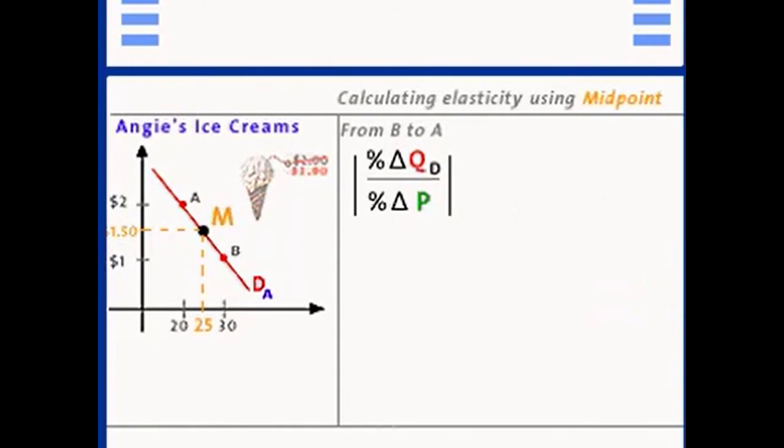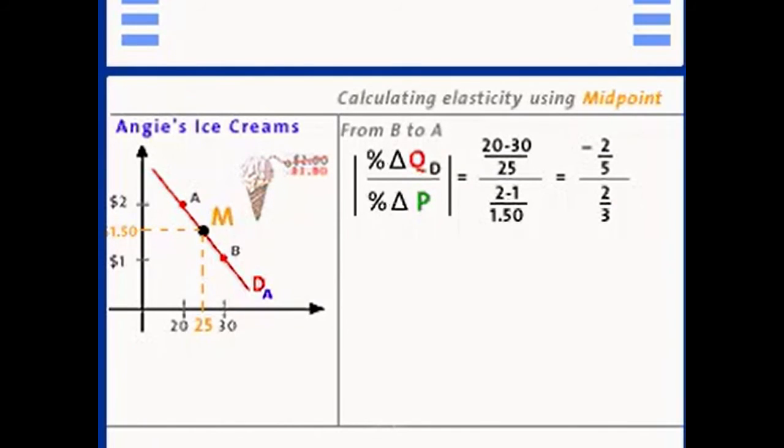The percentage change in price will be the new price of $2 minus the old price of $1 divided by $1.50, for a percentage change of 2/3. Once again, applying the absolute value sign and multiplying out those fractions, we get the elasticity of demand for Angie's ice cream is 3/5, or 0.6.